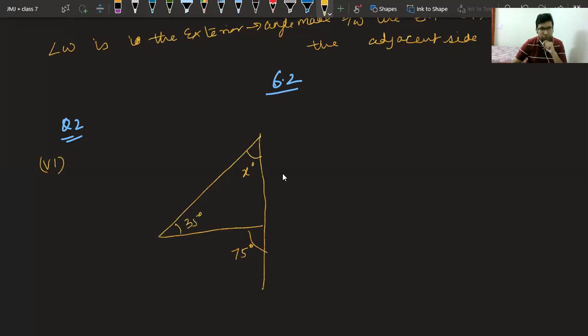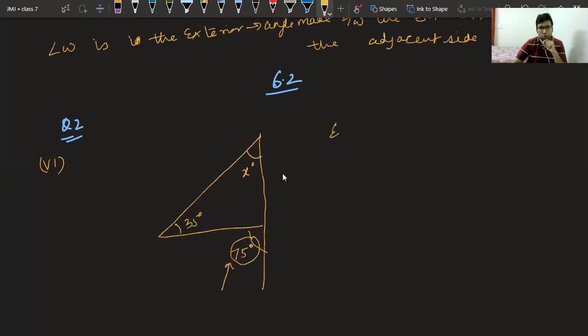We have to find the value of X. Can you please tell me what is this 75 degrees? Which angle is this? Class, please answer. This is an exterior angle because it is coming in the exterior.